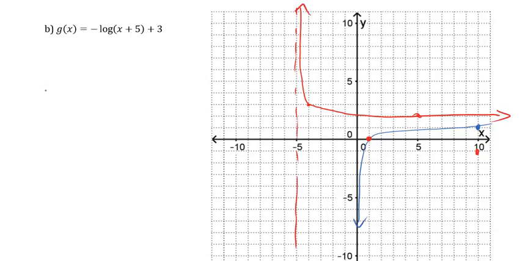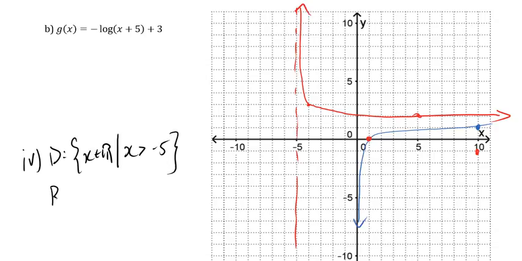Okay, and then again, you can see the note for mapping the points is pretty straightforward, and domain and range really doesn't change much here. X is an element of real numbers such that x is still greater than negative 5, and the range doesn't change at all.